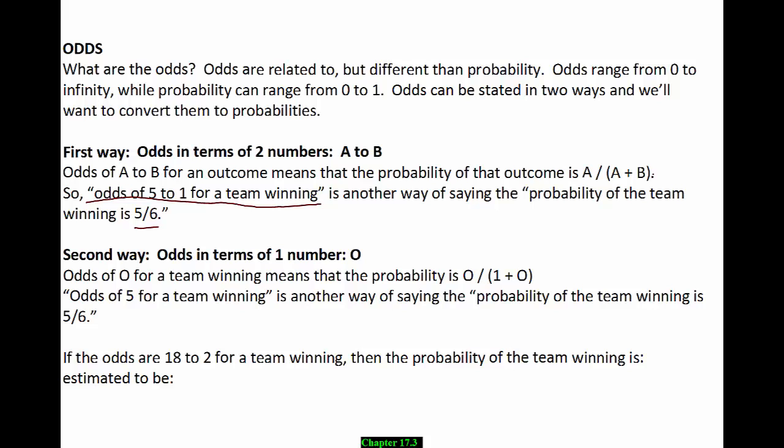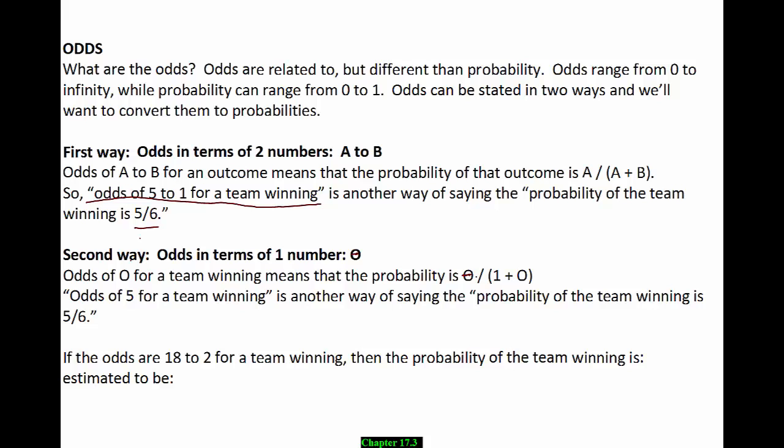Now the second way is the way that you're going to see in scientific research. Especially you nursing majors, you're going to see the odds and odds ratios reported quite frequently in articles. When the odds are reported in terms of one number, I was going to call it O for odds, but it looks like a 0.